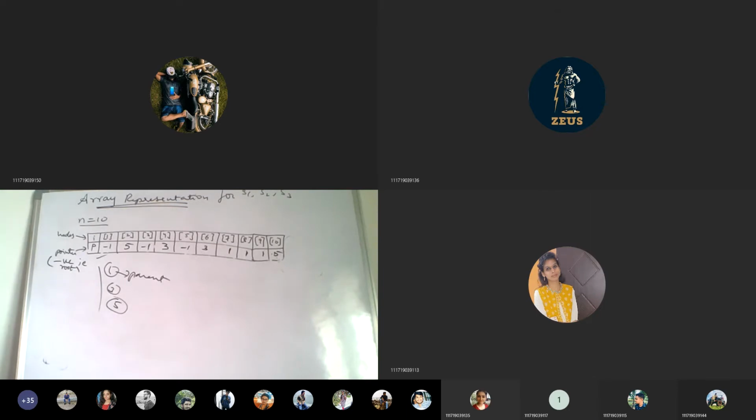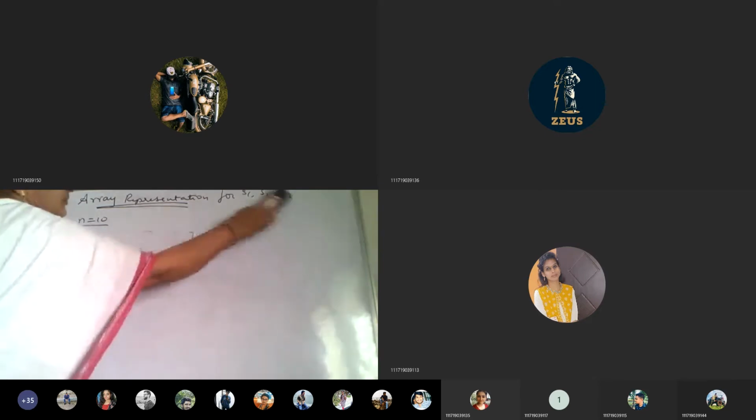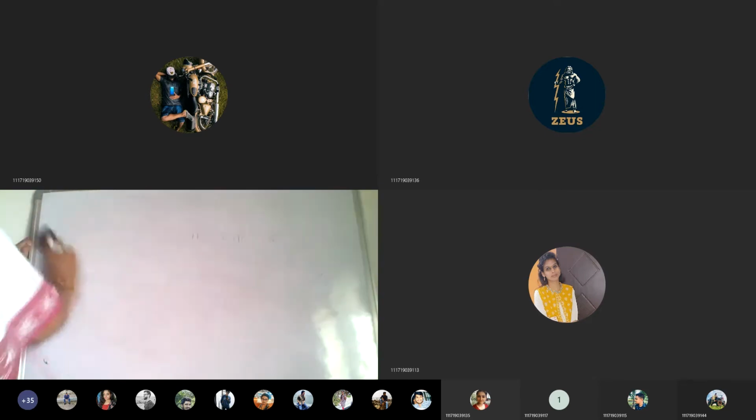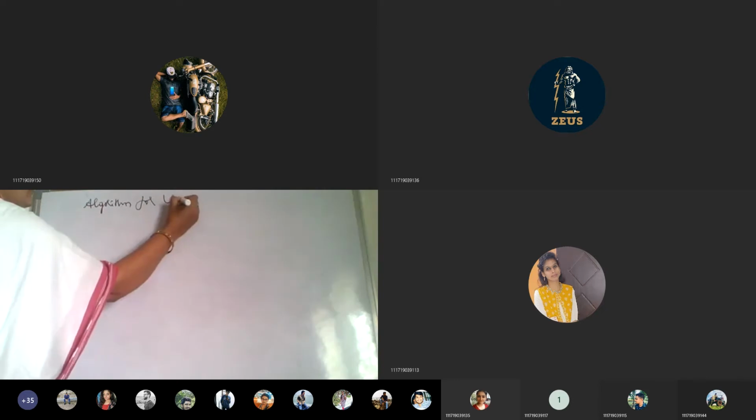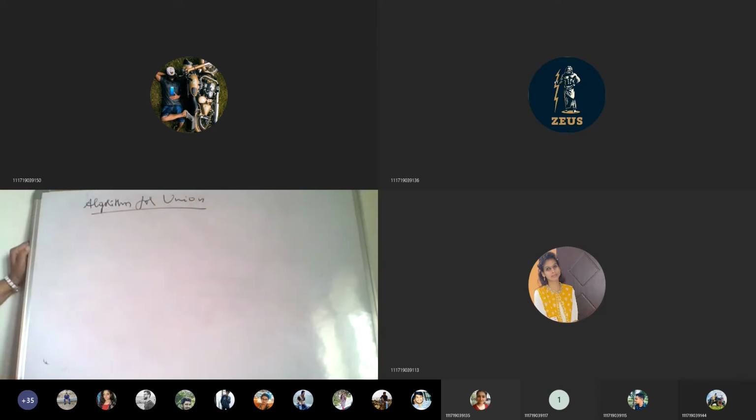After these array representations, we have the algorithm for union. Before going into the details, suppose we have node 1 and node 2, two elements.